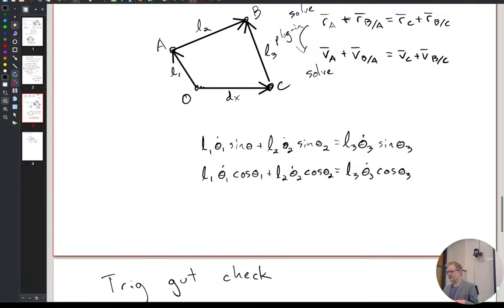And those two equations have to be true no matter what, at any point in time, as long as the hinges are still connecting the parts.